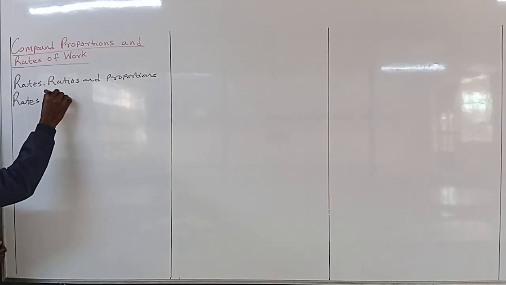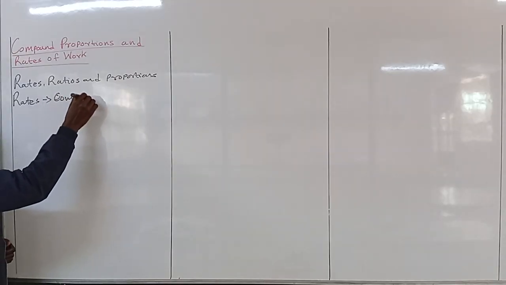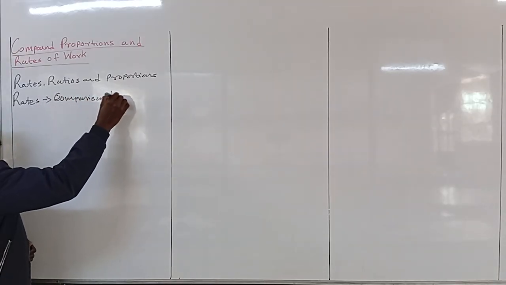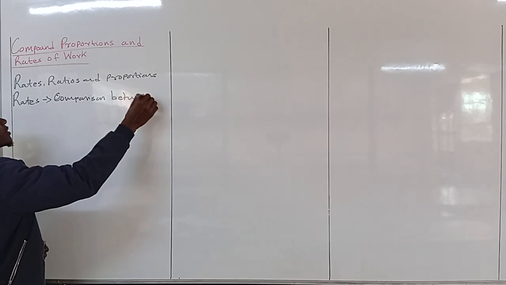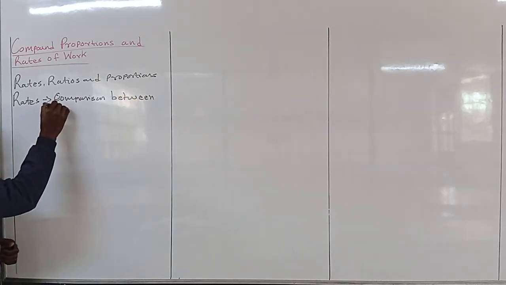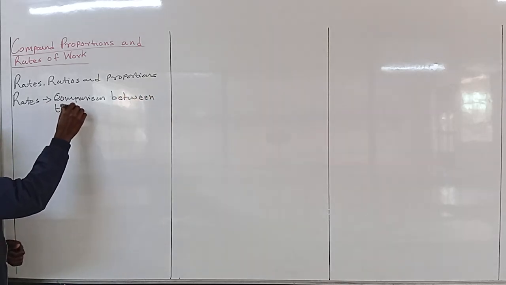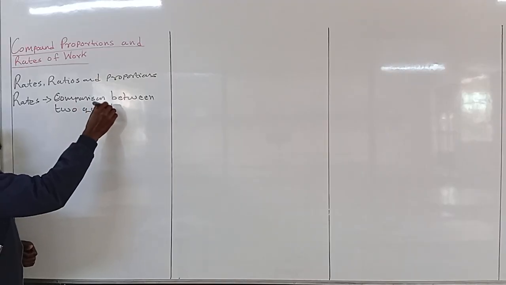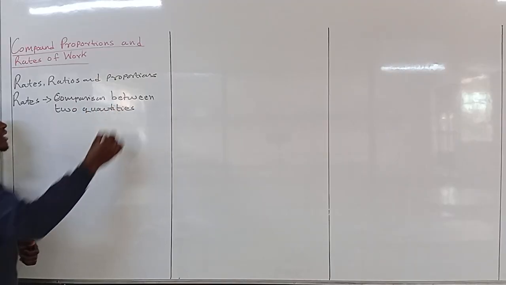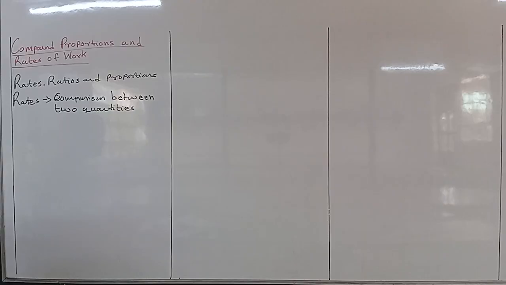Rates give a comparison between two quantities. So in this case, we have two quantities, and the two quantities are connected in different ways.